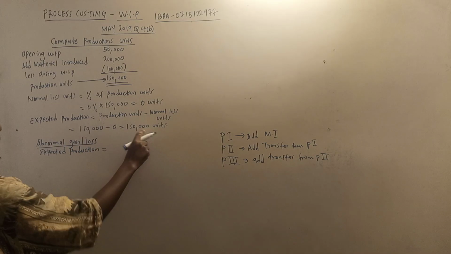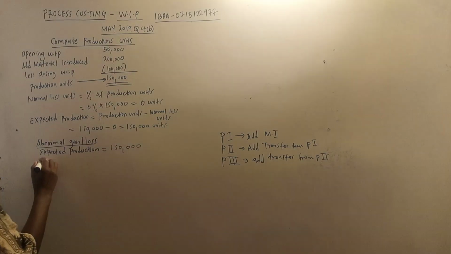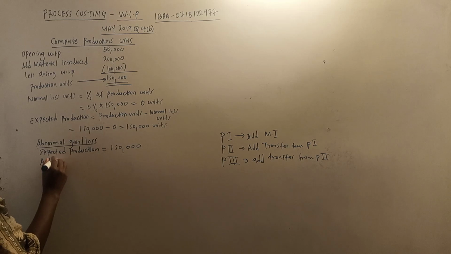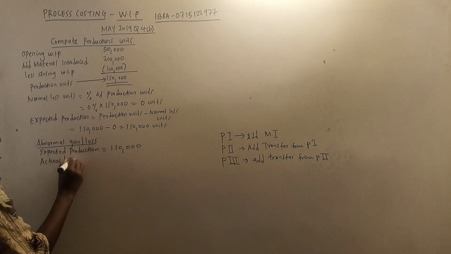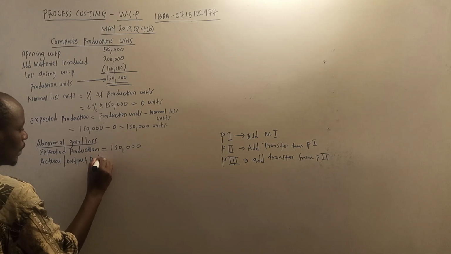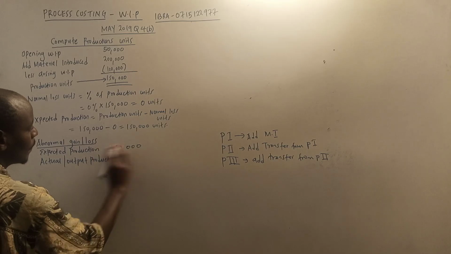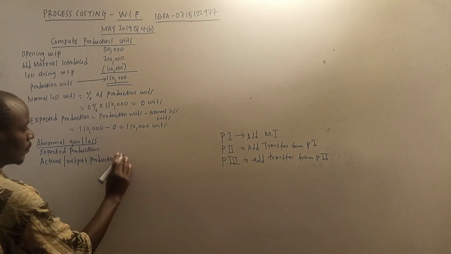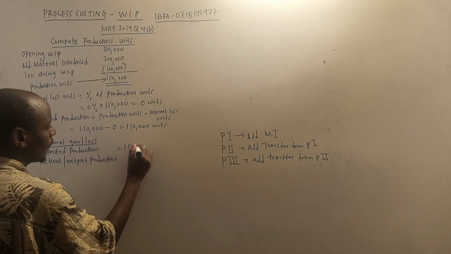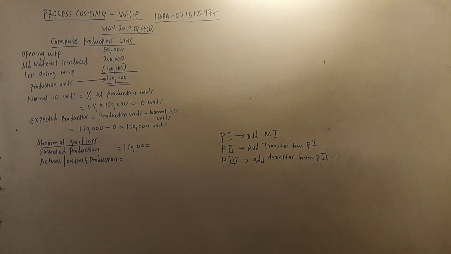Our expected production is 150,000. You compare with actual or output production. So what's our output production?